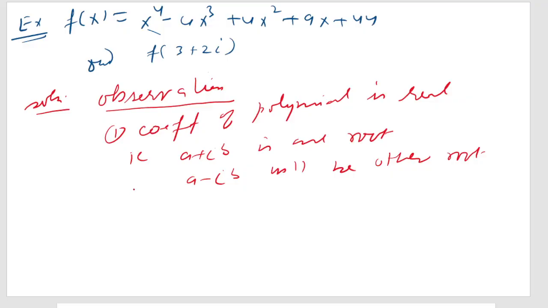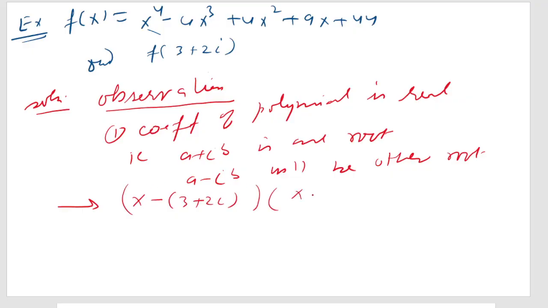Whenever you get a problem like this, try to first convert this polynomial in terms of a product of two polynomials. I will explain how. So clearly here a plus ib is a root, so one root is x minus (3 plus 2i).